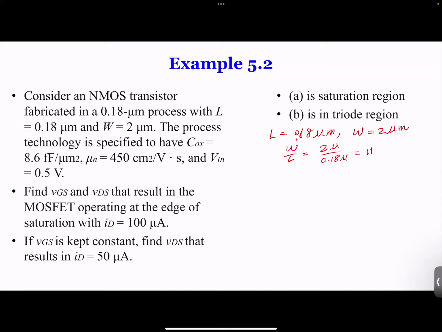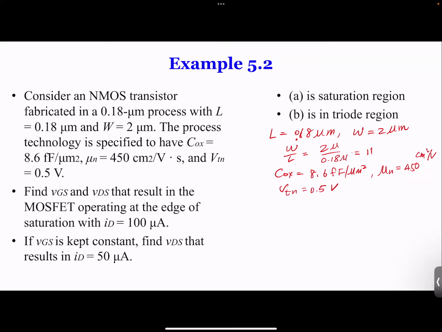Also given was COX as 8.6 fF per micrometer squared, and mu n was given as 450 centimeter squared per volt-second, and VTN was given to be 0.5 volt.